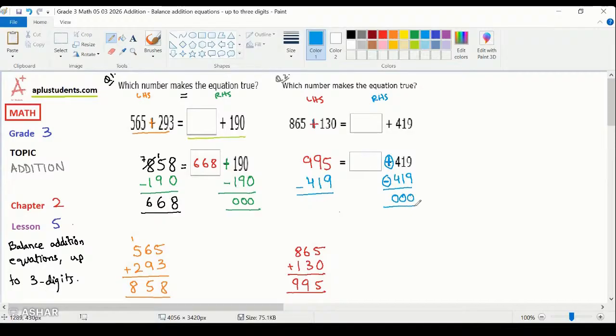Agreed? And on the other side, 9 minus 5 is not possible. So we carry 1 from the tens. 15 minus 9 is 6. 8 minus 1 is 7. And 9 minus 4 is 5. That means this number comes out to be 576.